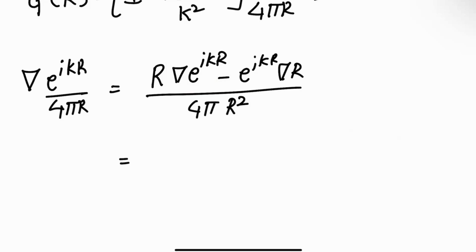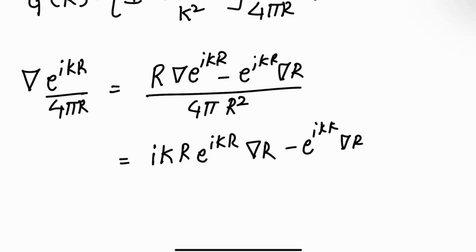But we can use the chain rule to do that, right? So it's ikr times e to the ikr, so the gradient brought down is ik. And from the chain rule, you still have a gradient of r here, right? Minus e to the ikr, gradient of r, divided by 4 pi r squared.